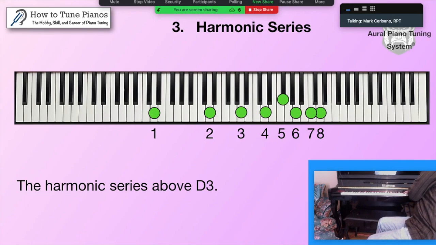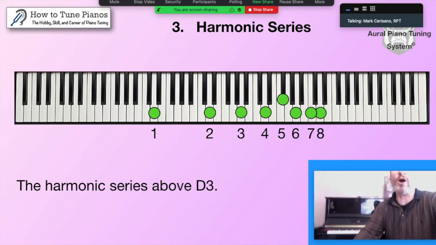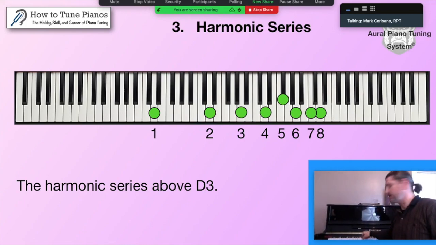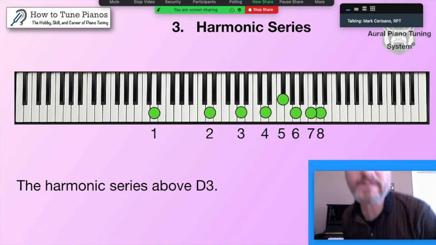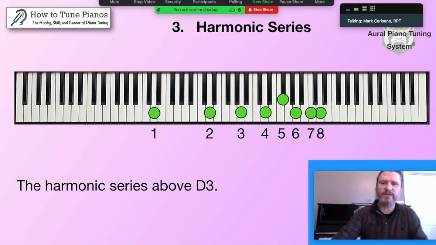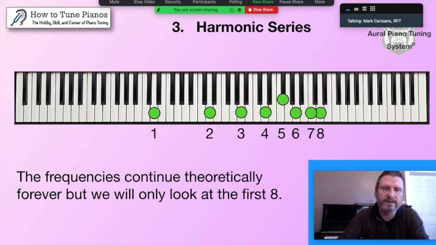And the third one is that's the seventh chord. So when you play D7, D3, all of those frequencies are being played at the same time. And I'll show you later a little demonstration of that.